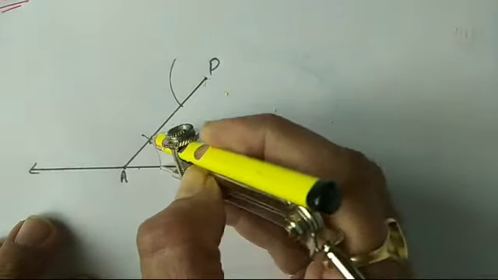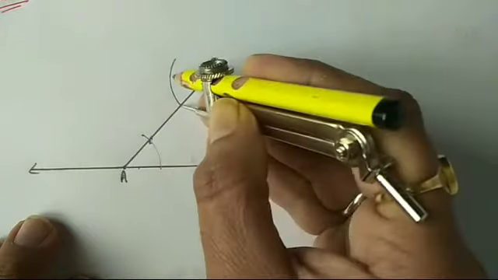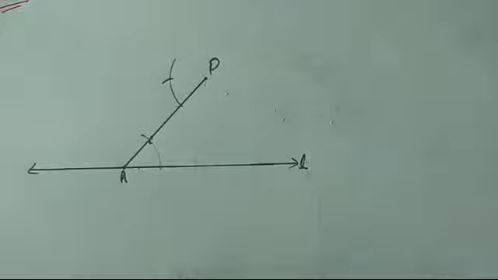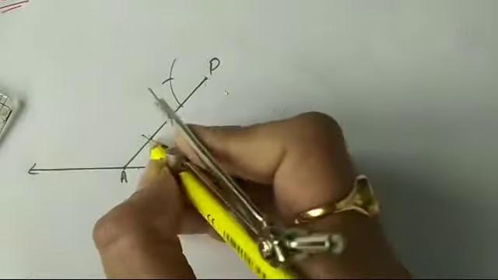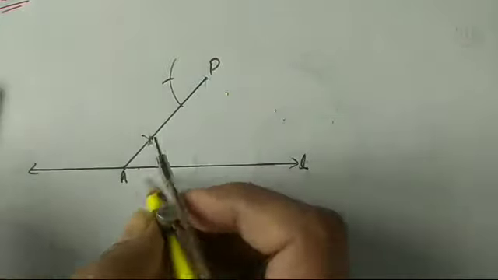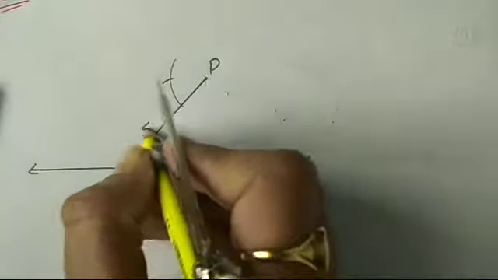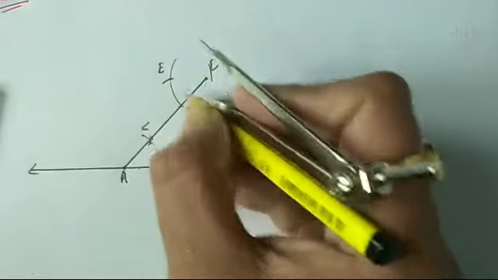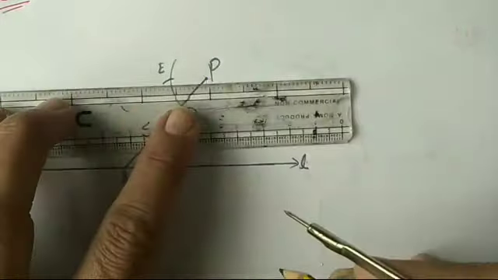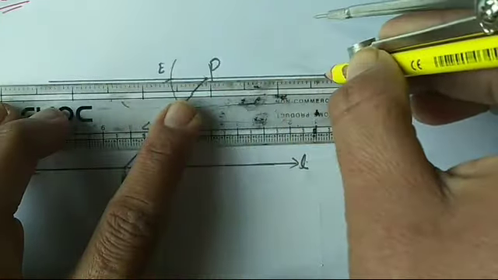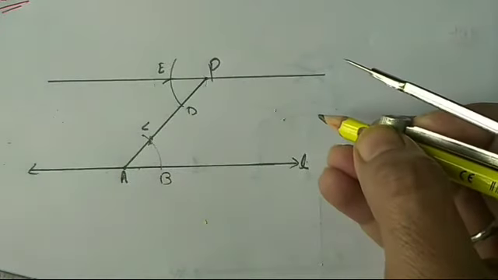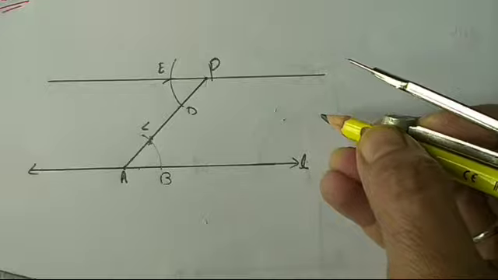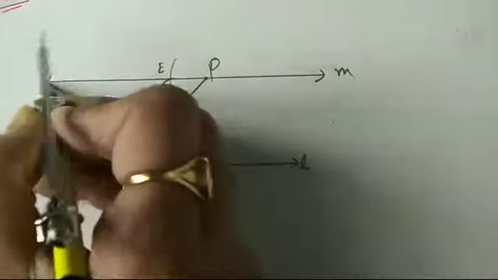So looking at this with the help of the compass, cutting the arc of the same length. We have taken this length. If I just put the points, suppose this is B and this is C, then length of BC, and this is point D and E. So this is equal. Now we'll draw a line passing through PE. They are saying through P draw a line M parallel to L. So this is the required line M which is parallel to L.